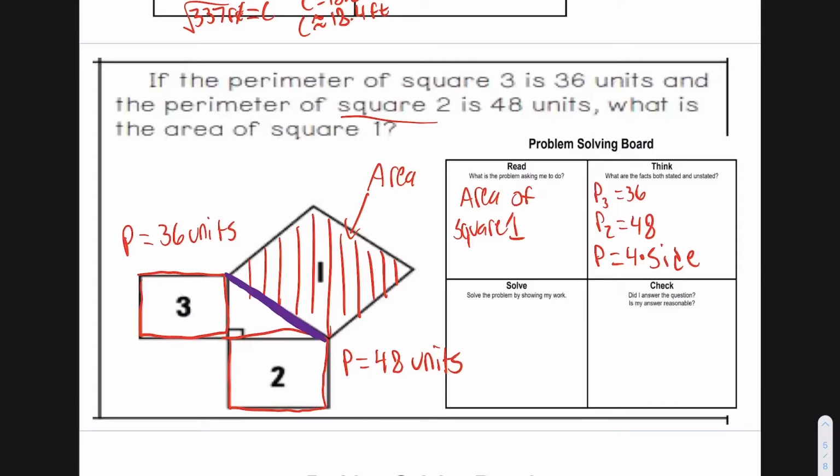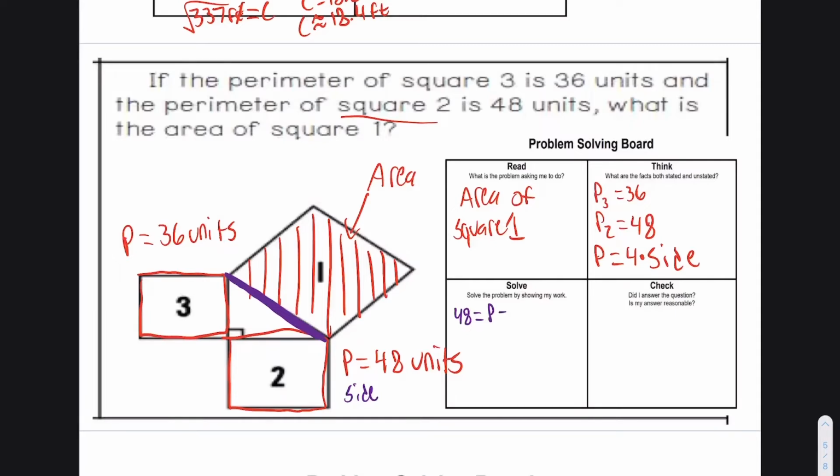The first thing we're going to have to do before we can do that is we need to turn these perimeters into a side. We need to find the side first. So let's do square 2. 48 is equal to the perimeter of the square.